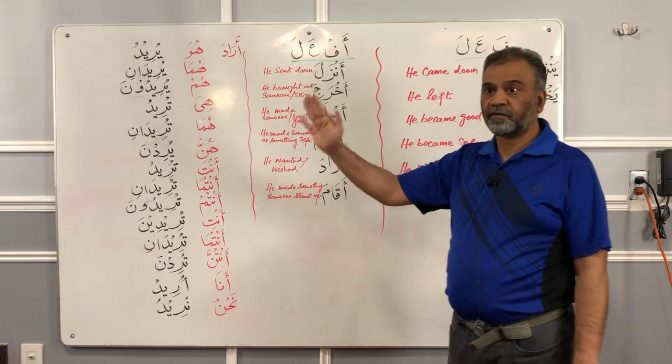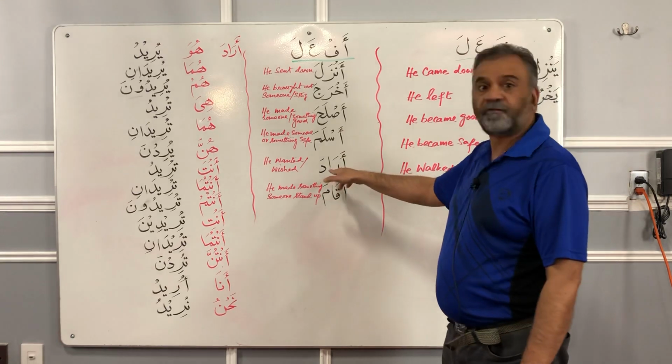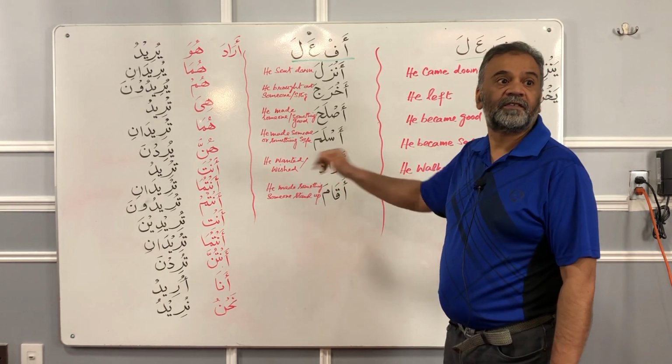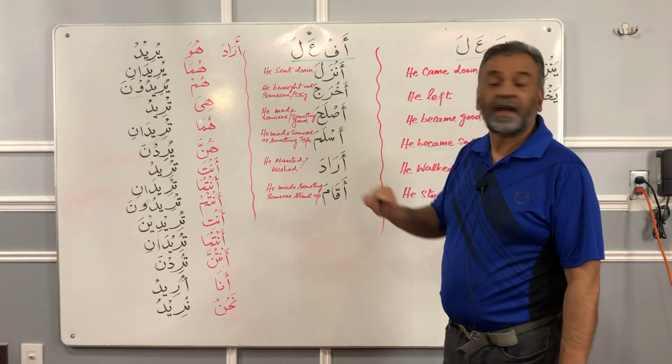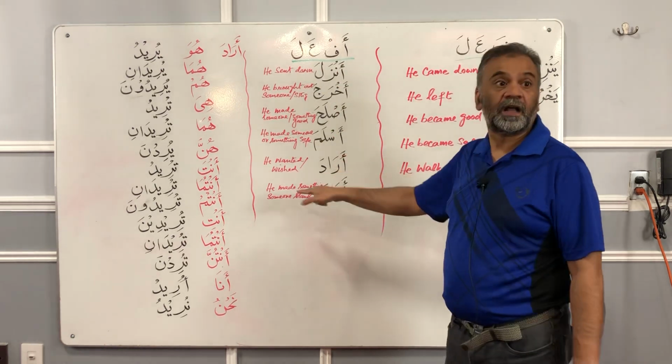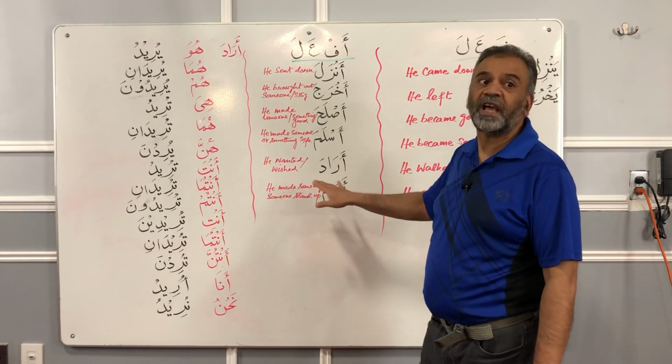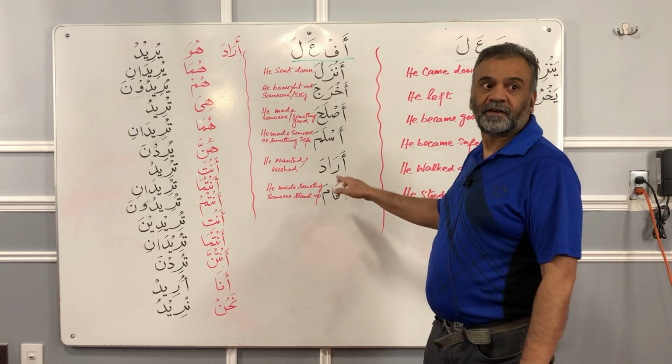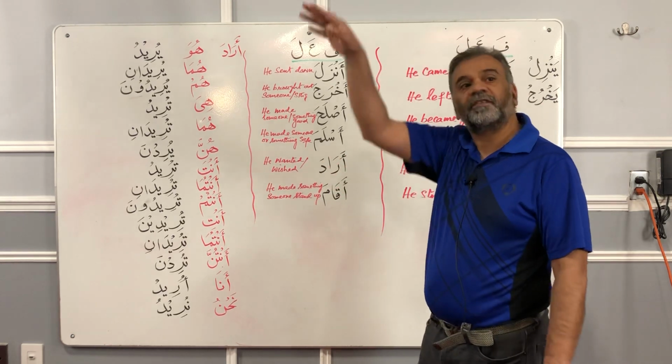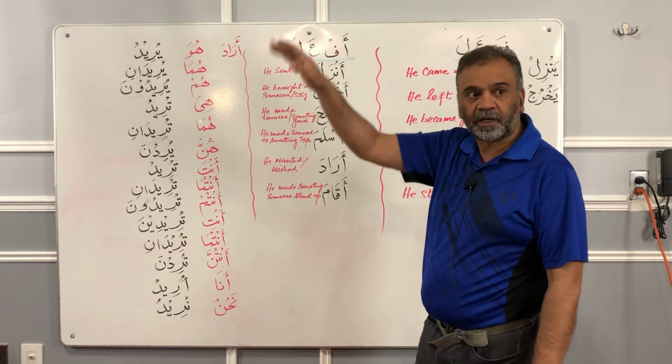Are we getting it? This is the fa kalima, this is the ain kalima, and this is the lam kalima. Af'ala, arada. And don't ask me why there is not a sukoon on the fa kalima. That's a topic for some other time.